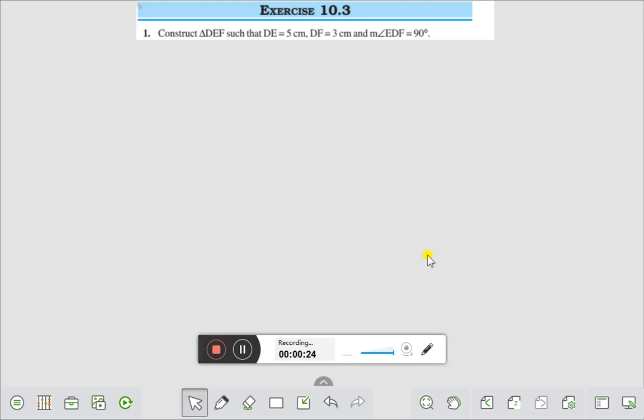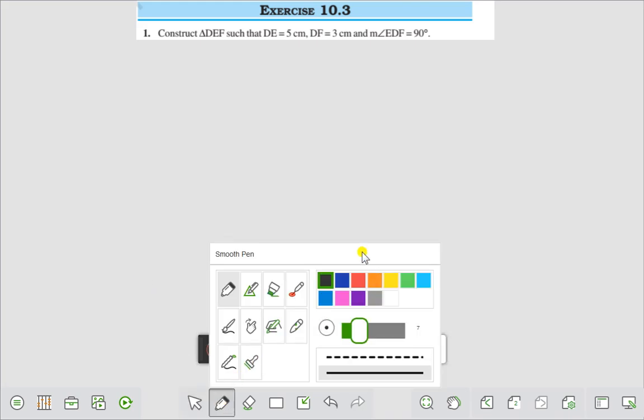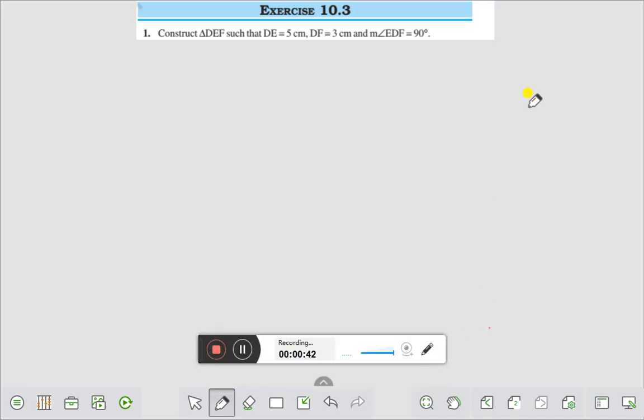First of all, we will draw a rough triangle. Suppose this is a rough triangle.